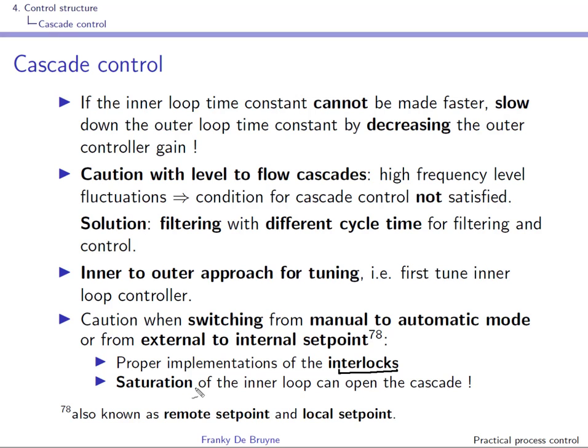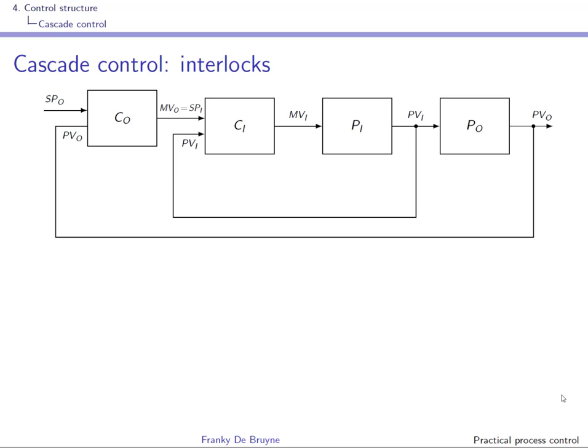Very similarly, if your inner loop is saturated, then the cascade is open. The outer controller does not have any influence anymore on the process. So again, you could have this problem of integral windup in the outer controller. So this management of the interlocks must be done in a proper way, and this is what we'll discuss next. Let us look at the interlock strategy.